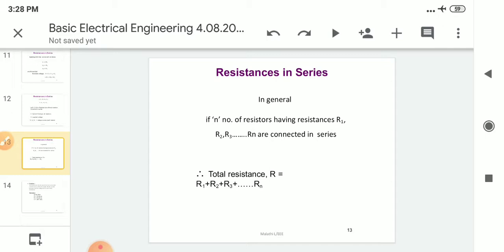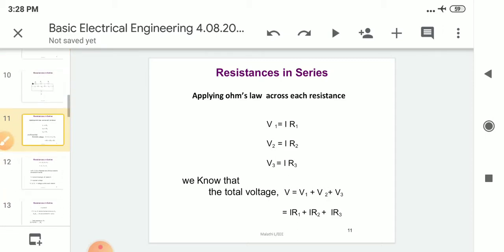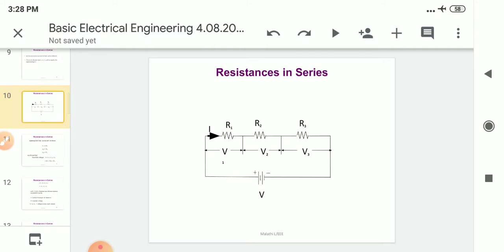What is the conclusion about this topic? From the above discussion of our series circuit, we conclude that the same amount of current flows through each resistance. The applied voltage is equal to the sum of the individual voltage drops: V is equal to V1 plus V2 plus V3.